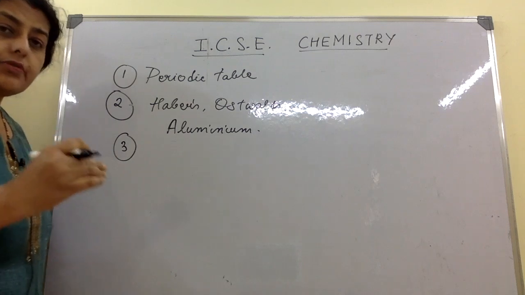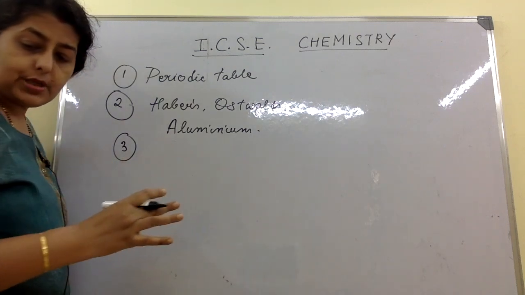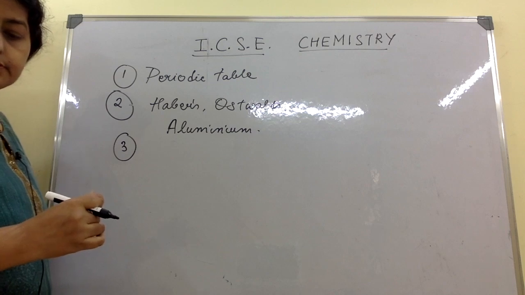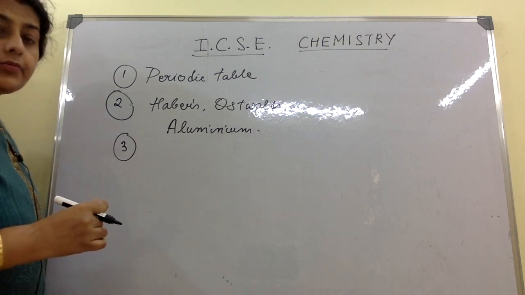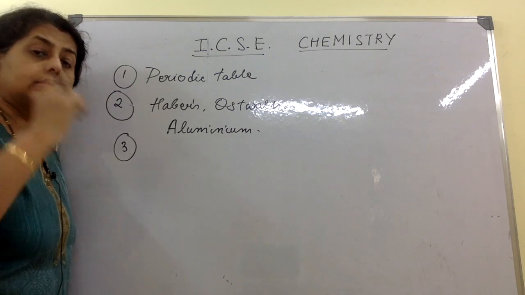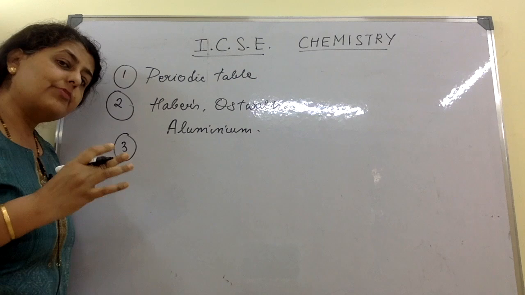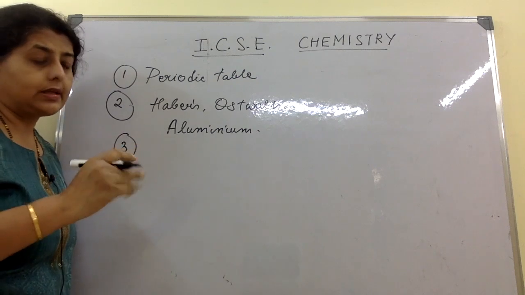Now there are lots of questions given in the chapter. Now here I want to tell the third point. The third point is to know your properties of metals and non-metals well.